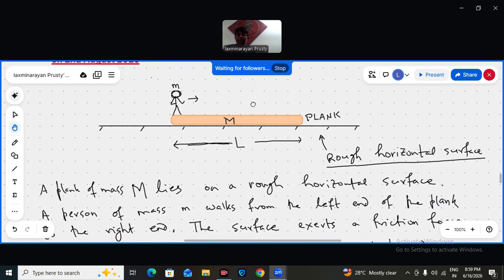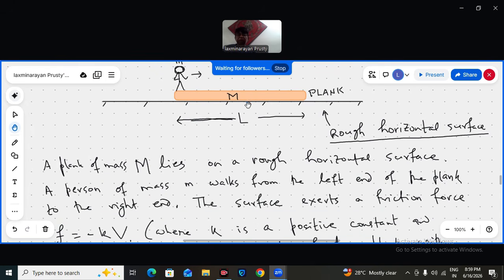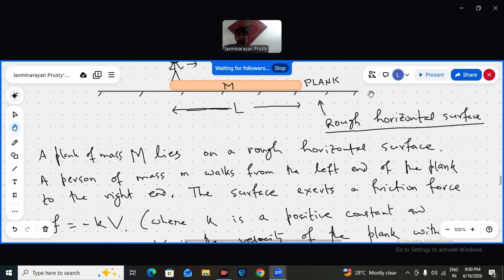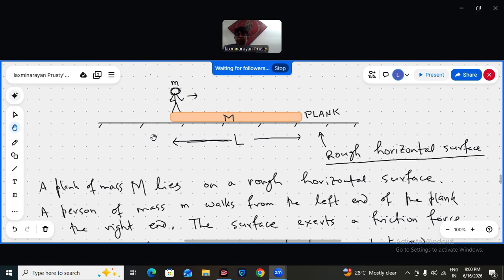So what is the question? A plank of mass M lies on a rough horizontal surface. Usually you have only done smooth horizontal surfaces so far. A person of mass small m walks from left end of the plank to right end of the plank.